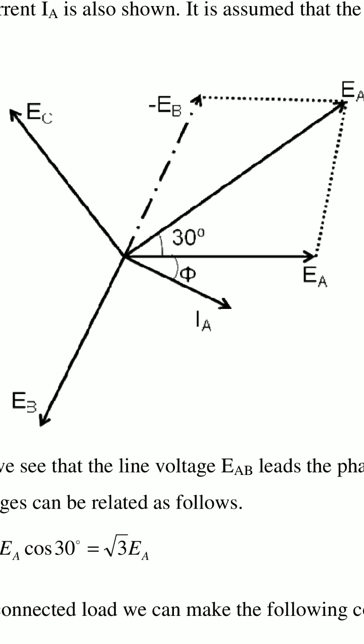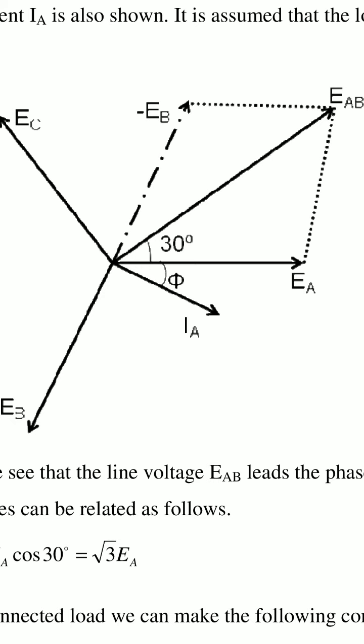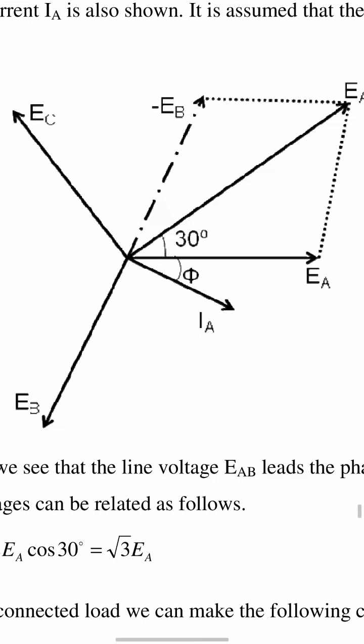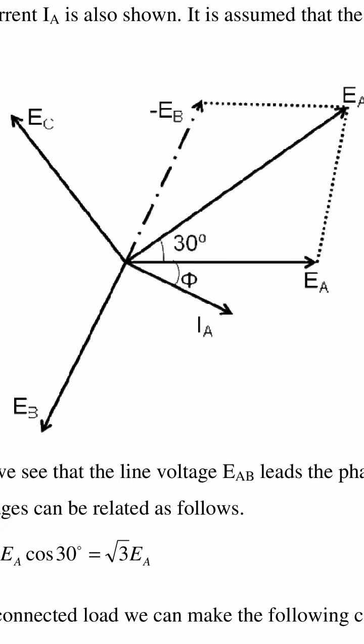Now we want the line voltage, for example EAB. EAB is nothing but EA minus EB. EA is along the x-axis, and minus EB is in the opposite direction of EB.